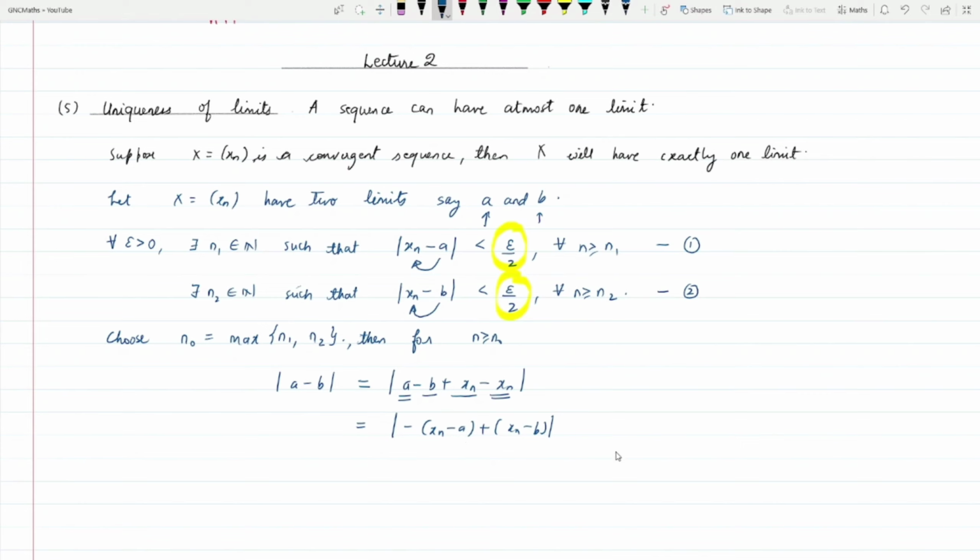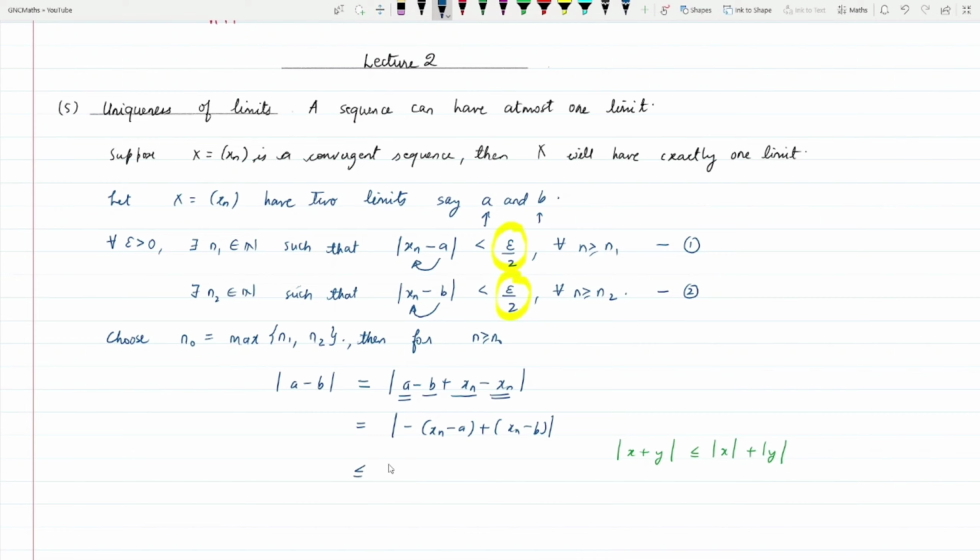Now we will take help of the triangle inequality. The triangle inequality says that if you are having two real numbers x and y, then mod of x plus y is always lesser than or equal to mod of x plus mod of y. Now instead of x we have minus of (xn minus a), and instead of y we have xn minus b.